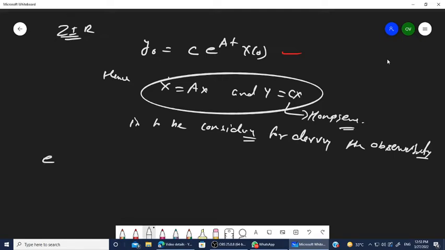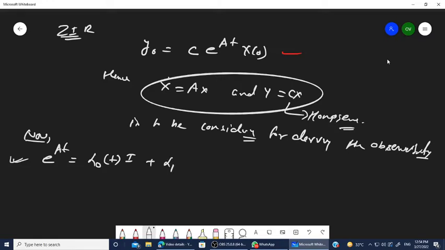As you know, e^(At) has the expansion α0 t I + α1 t A + α2 t A² and so on, up to αn-1 t A^(n-1). We already discussed this at the time of the Kalman test in controllability. If you are not able to understand how it is required, I refer you to go there. We have already proved this.